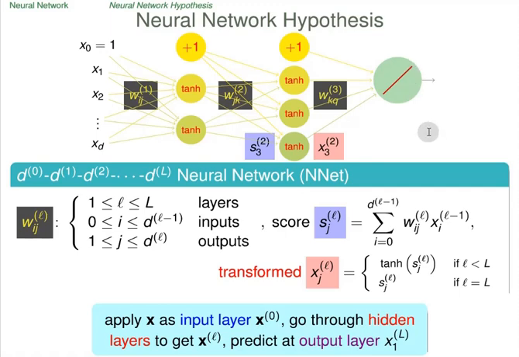Now we need to describe these functions being computed algorithmically. So in the first step, we have to come up with a systematic notation. Let's start with the layers. We label the layers by L. In our example, we have 3 layers: first layer, second layer, third layer.